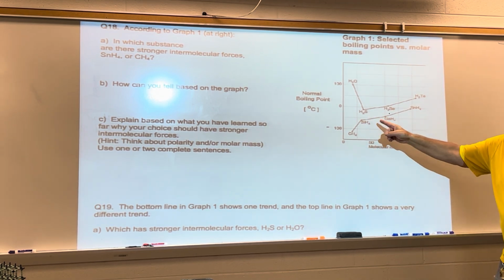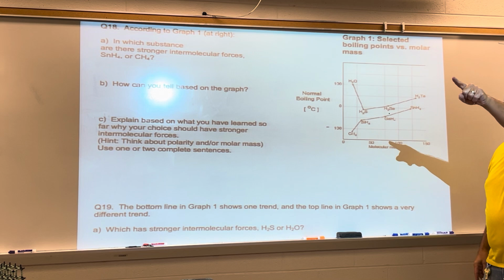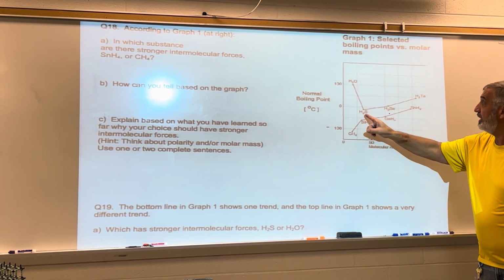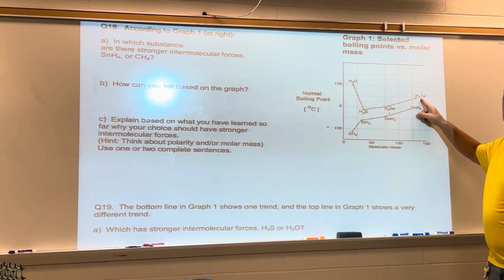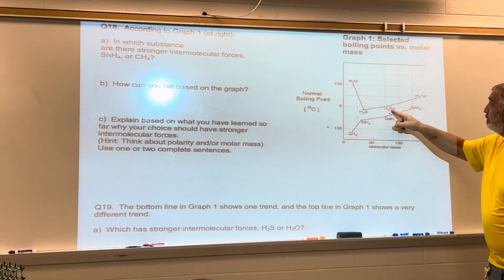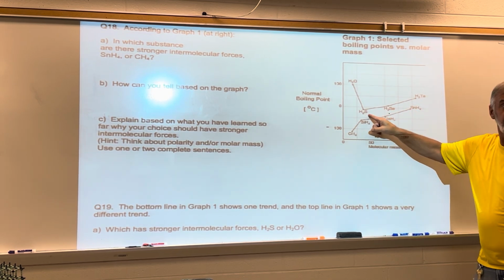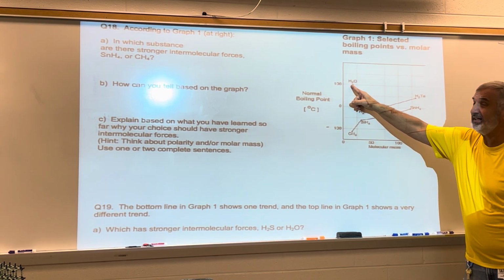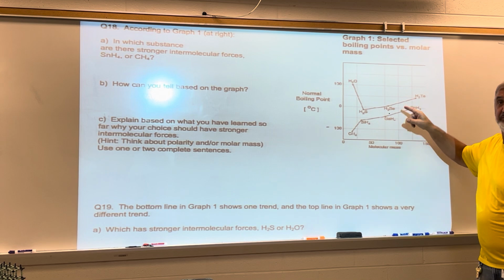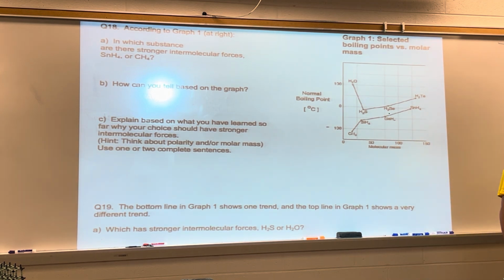Now the same basic trend, you're going down the oxygen family: H2O, H2S, H2Se, H2Te. There's no form of polarity difference here, so these are predominantly what type of molecules? Nonpolar. Why doesn't water follow the same trend? Hydrogen bonds. Because it's polar and it has hydrogen bonds.